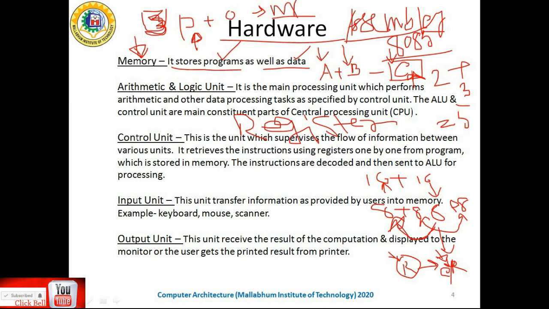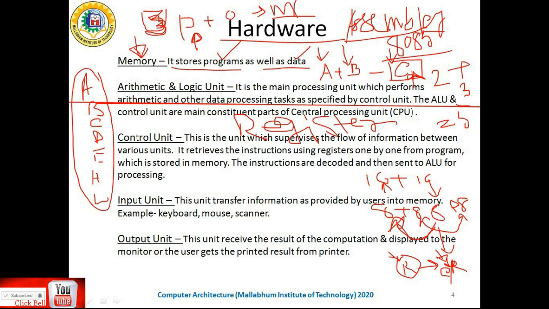In the 8085 you have seen there are registers: accumulator, B, C, D, E, H, L. Different registers exist in 8085. They are used to store data temporarily during the execution of the program. So that is also a part of the central processing unit. Okay, so next is the control unit.